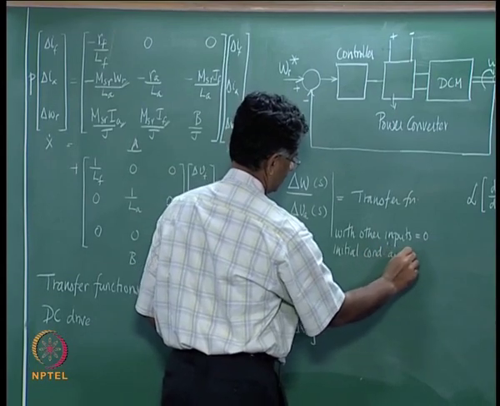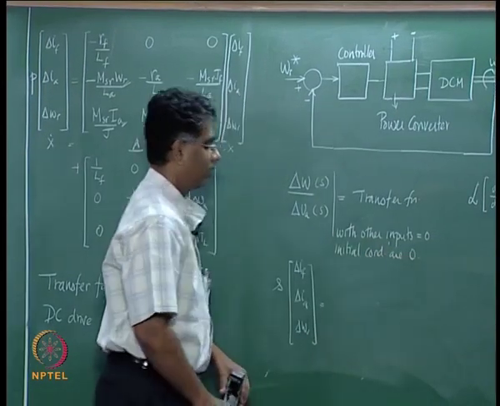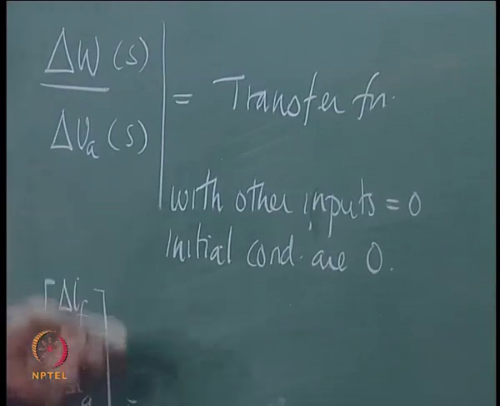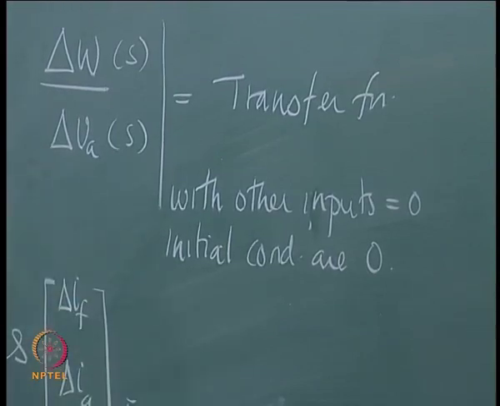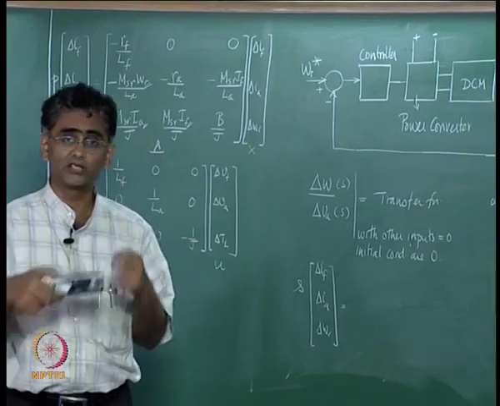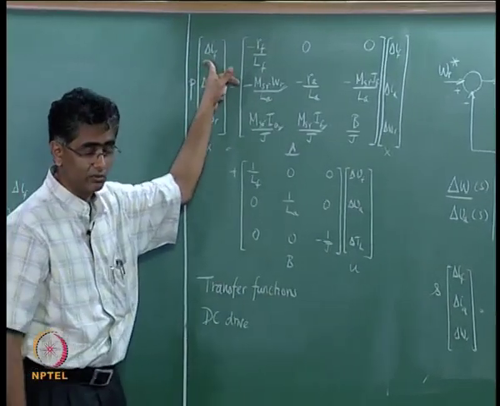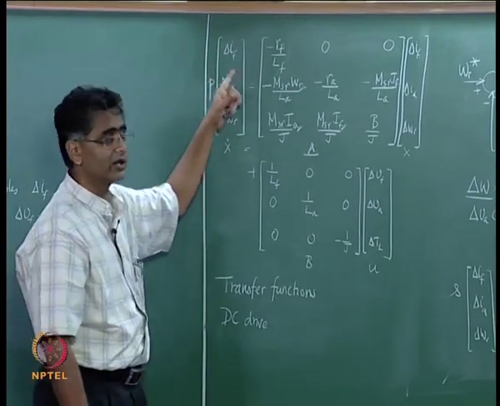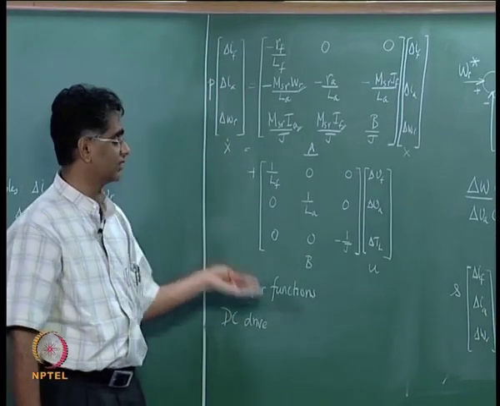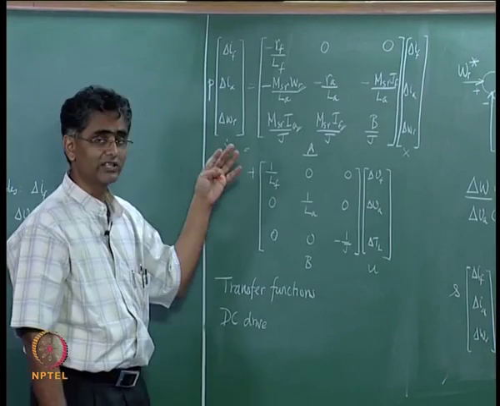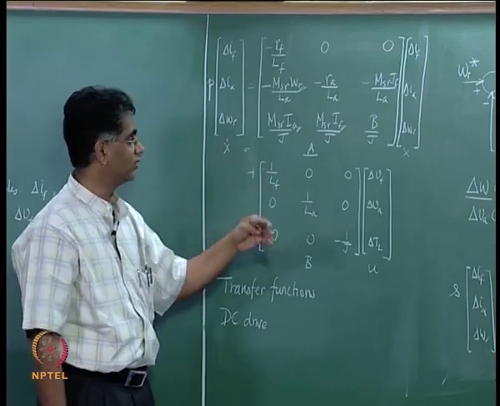initial conditions are 0. Note again that when we say initial conditions, we mean that the initial value of the disturbance responses are 0, the initial value of delta IF is 0. It is not that the field current itself is 0. There is some field current that would flow under steady state that continues to flow.